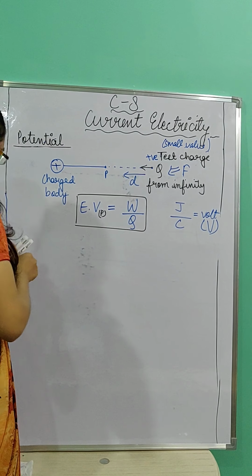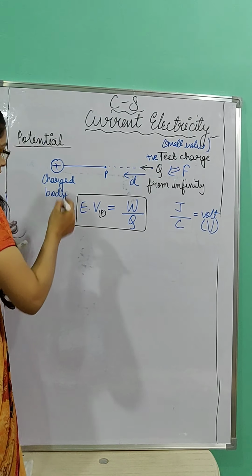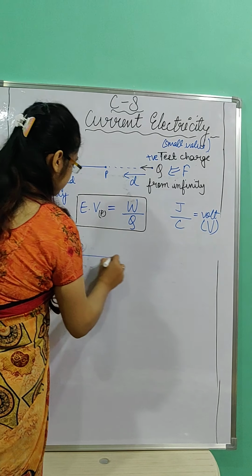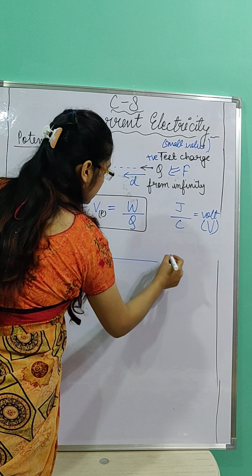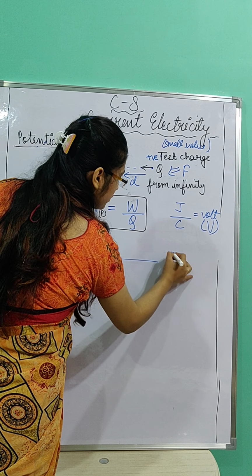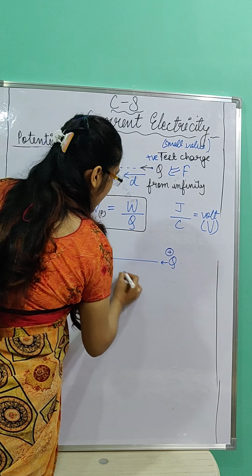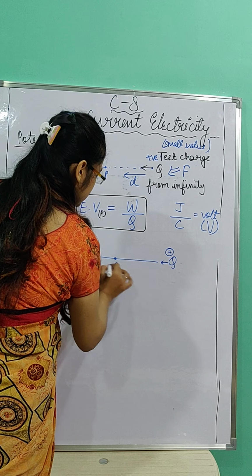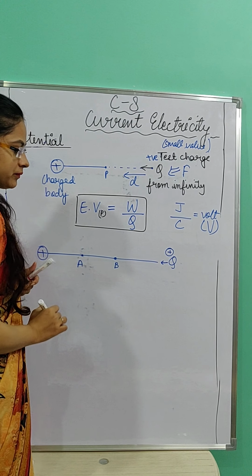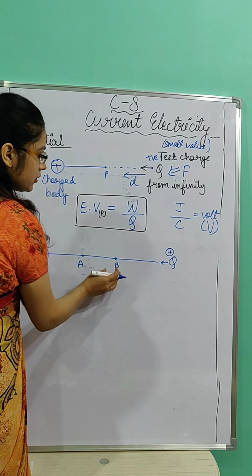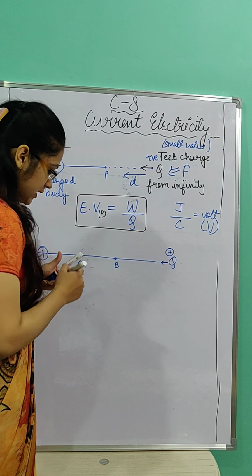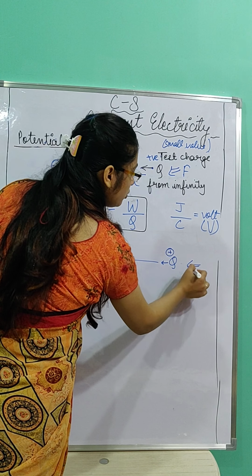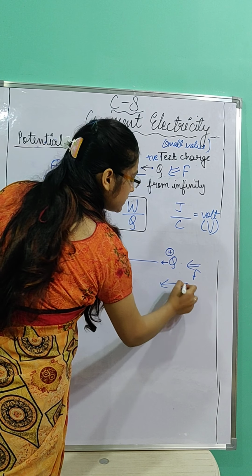Okay children. Now suppose for the same condition a positively charged body was there, and now the positive test charge Q has to be moved between these 2 points. Suppose A and B. Okay, this charge has to be moved to A and then to B. In that case, obviously again some force has to be applied on it, and because of the application of force, some displacement will be there.